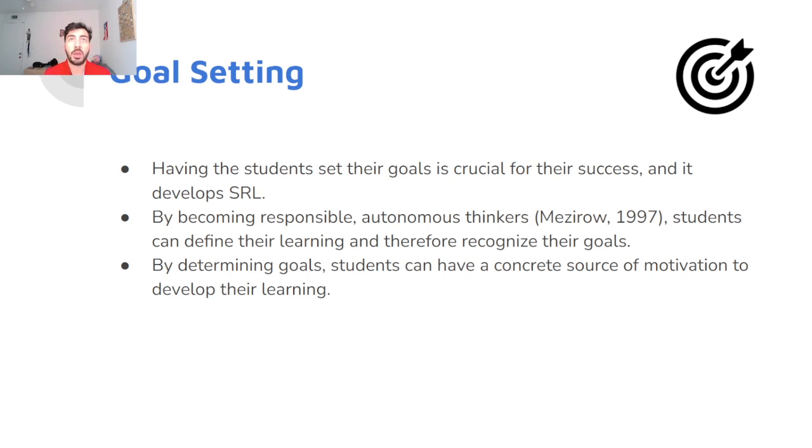So by having a concrete endpoint, if you want to see it like that, by having a concrete goal, the students can better motivate themselves to learn, and therefore self-regulated learning, by becoming responsible autonomous thinkers. The students can define their learning and therefore recognize their goals. And by determining goals, students can have a concrete source of motivation to develop their learning, right?